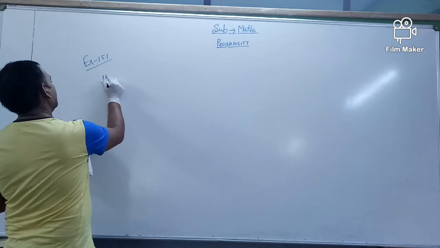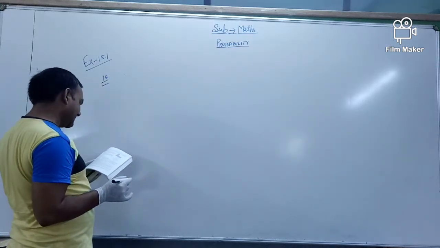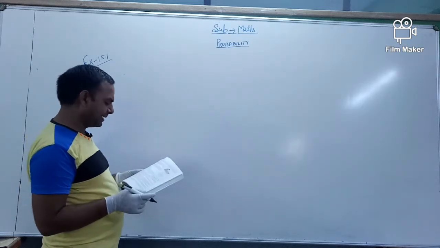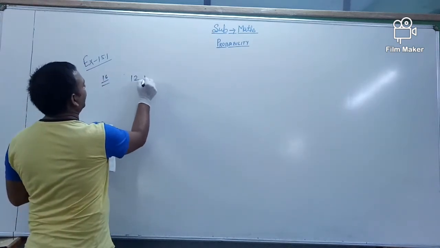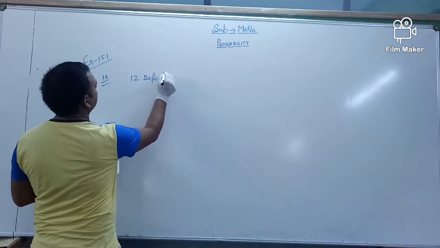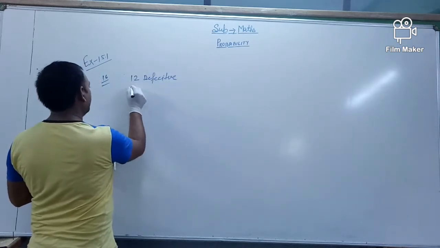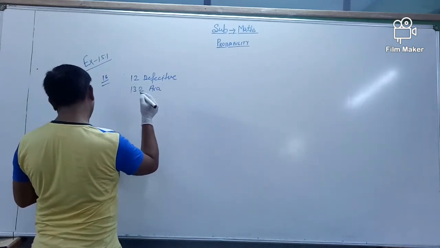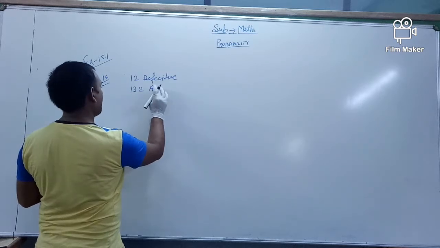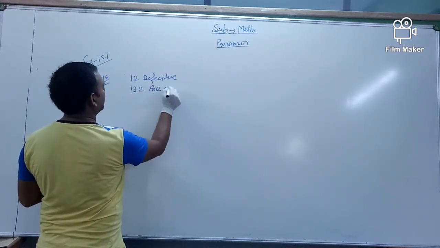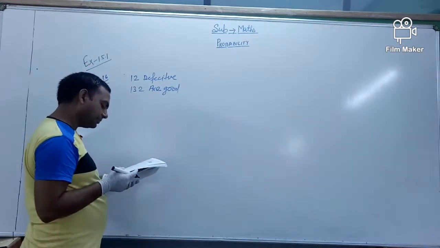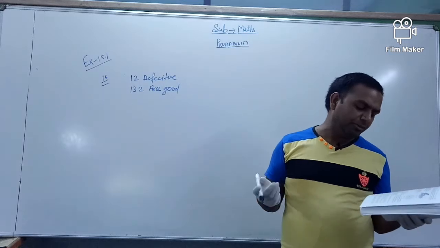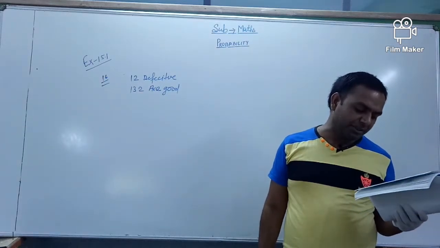Question number 16. 12 defective pens are accidentally mixed with 132 good ones. Suppose that 12 are defective and 132 are good. It is not possible to just look at a pen and tell whether or not it is defective.